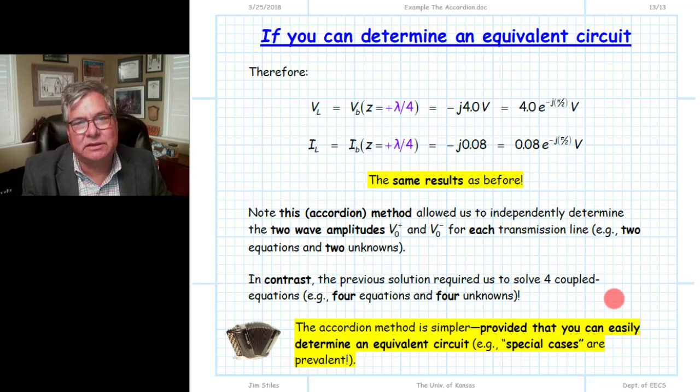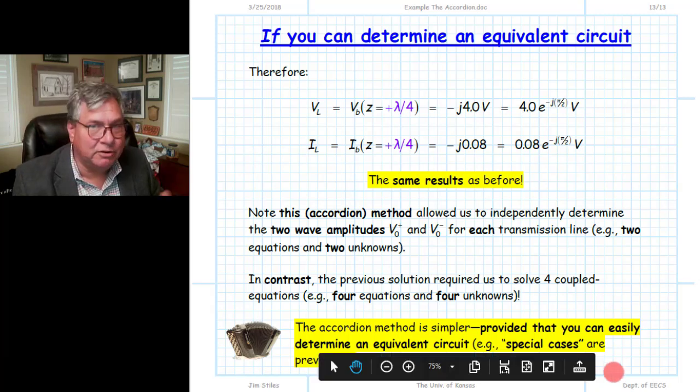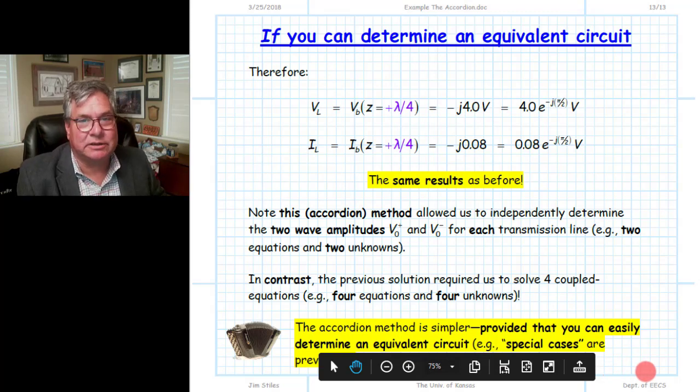And so we have a series of simpler mathematical operations as opposed to one large mass of equations that we have to solve. So again, I think the accordion method is a simpler method. You can use either one. You get the same answers, as I tried to emphasize here. But if you have special cases, I think the accordion method is simpler.